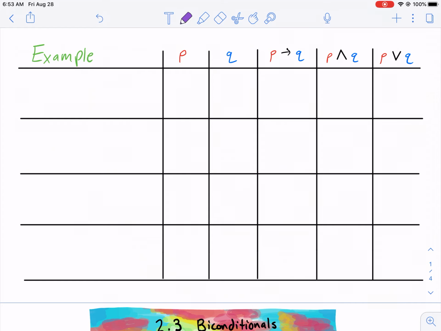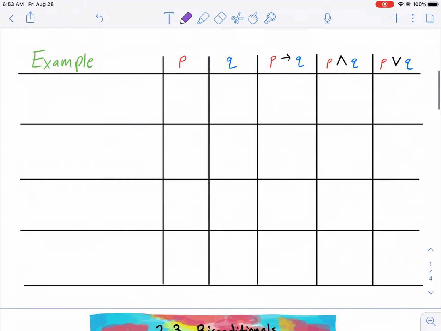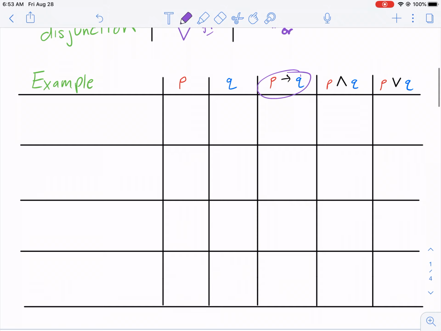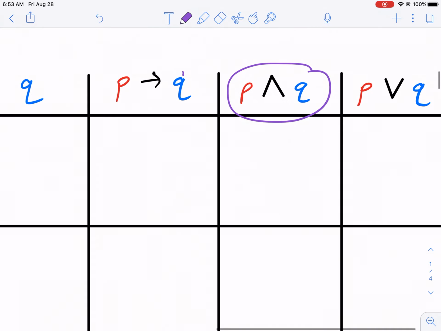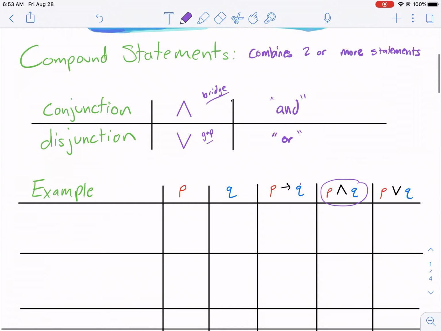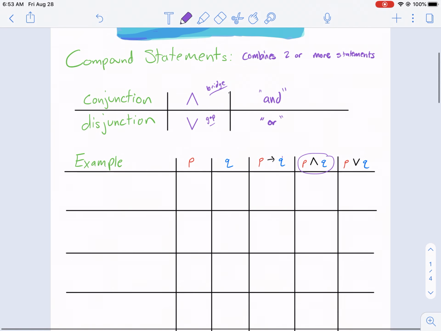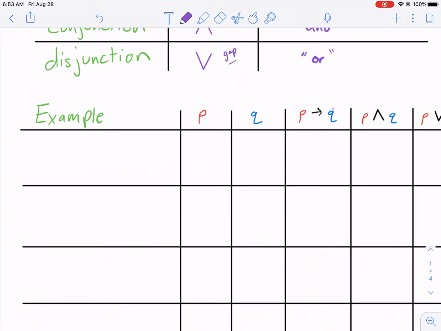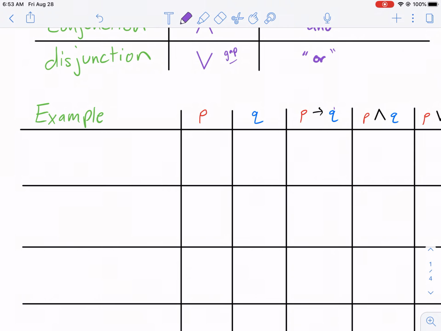An example. So we're talking about P and Q, so we already know that this is a conditional statement. We already know P means the hypothesis, Q means the conclusion. So now we have this one. What does this one mean again? This one means conjunction. And then we have the second one, which means disjunction. So let's give some context.